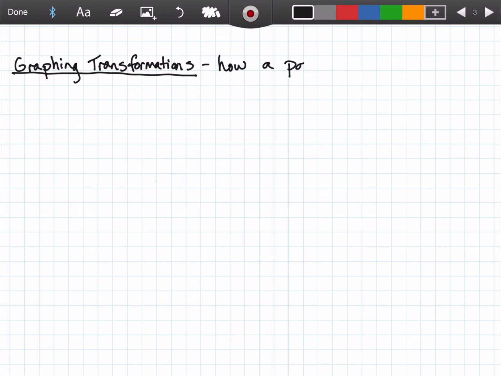And I want to focus more on vertex form, mostly because I want to talk about graphing transformations. A transformation is how a parent graph has been moved.